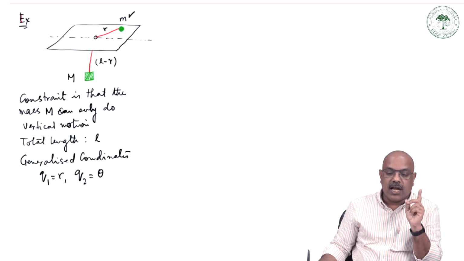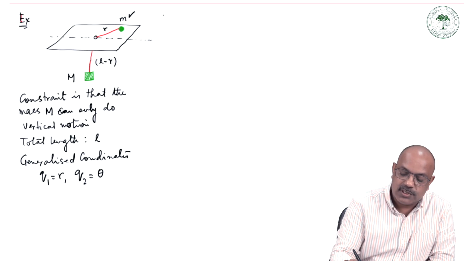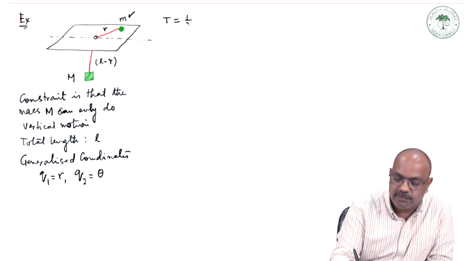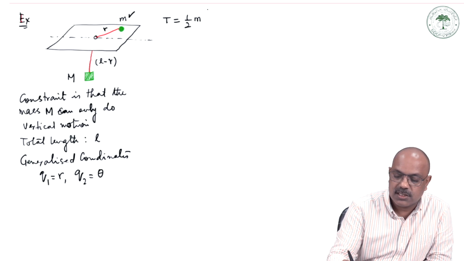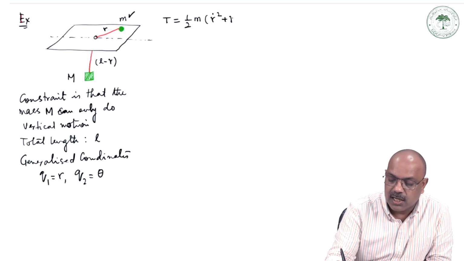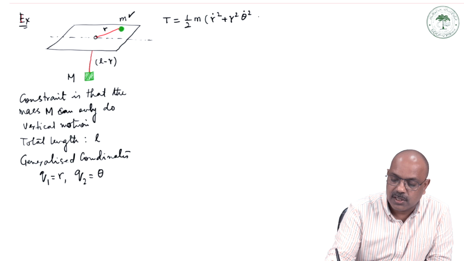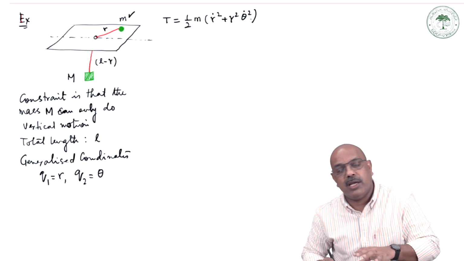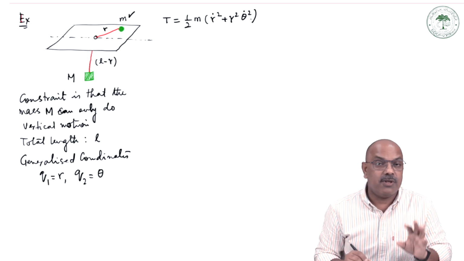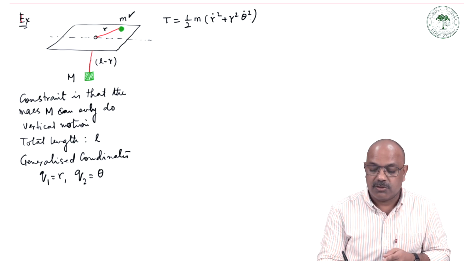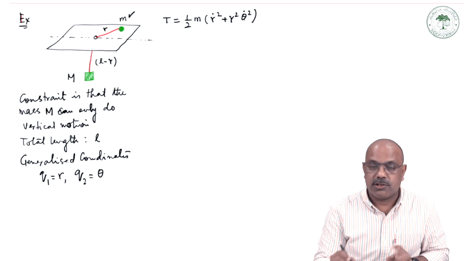For that I have to write the kinetic energy first. For the small mass, it is half m times r dot square plus r square theta dot square. You have to remember that whenever you're using plane polar coordinates, if r is not constant, the kinetic energy is always half m r dot square plus r square theta dot square.